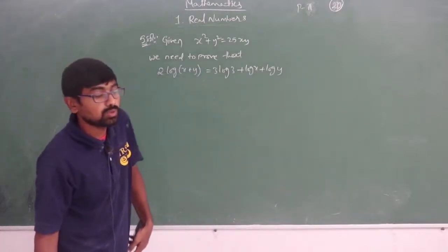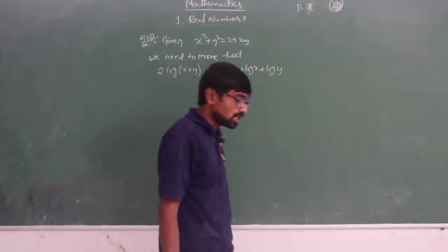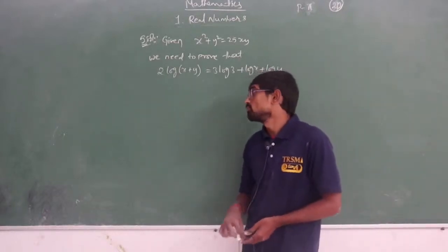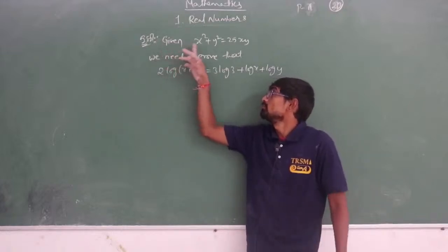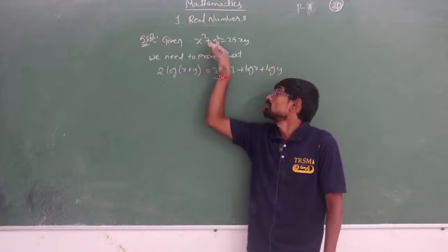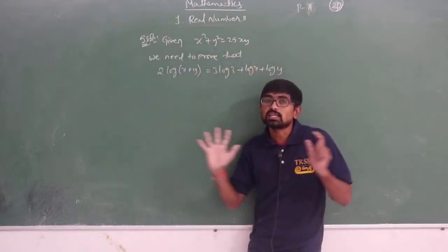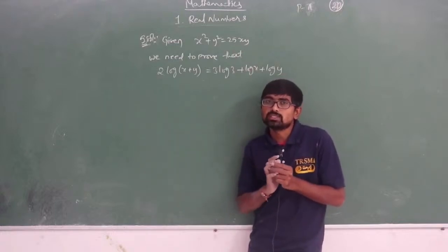You can see in this question what he has given and what he asked us to find or show or prove. In this he asked us to prove. What he has given is an exponential form, isn't it? X square plus y square equals 25xy. He has given just an equation which is representing exponential form.